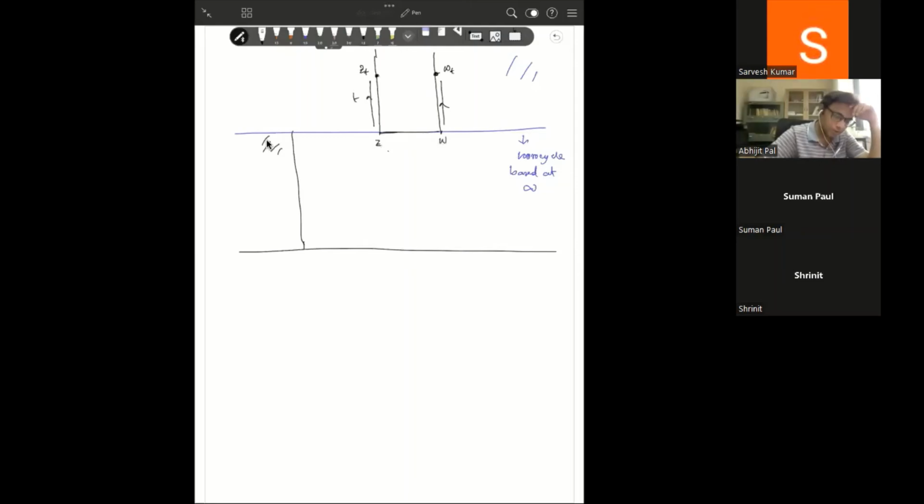What you can show is that the distance between Z_t and W_t goes to 0 as t tends to infinity.